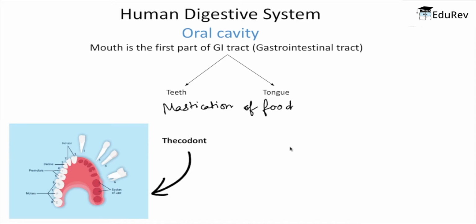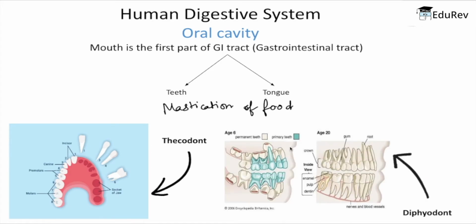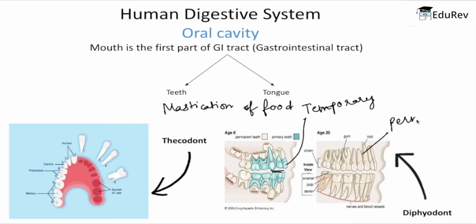This type of arrangement, where there are two sets of teeth during the lifetime, one temporary and another permanent, is known as diphyodont. Here you see the blue colored teeth are the temporary teeth, which are later replaced and become permanent when the child becomes an adult.